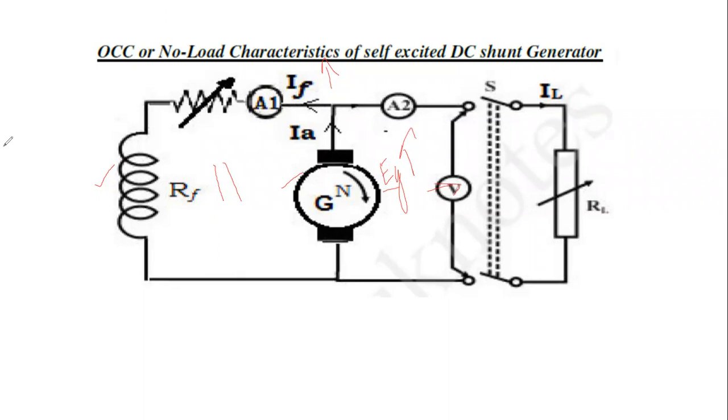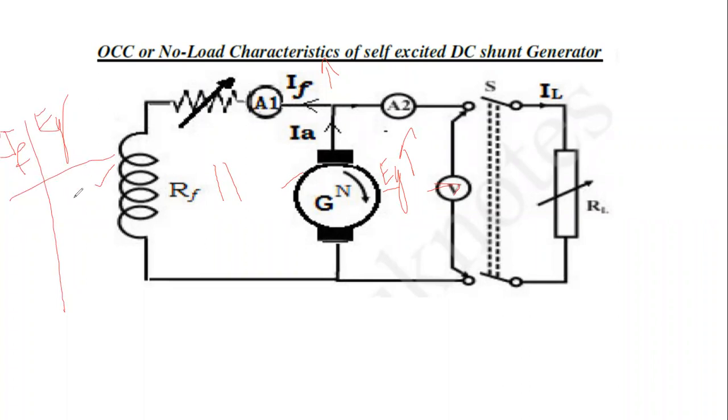Then we note down the IF value and the EG or E0 value at no load conditions. At various steps we note down those IF and EG values.